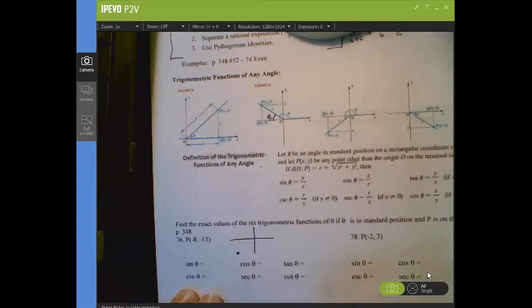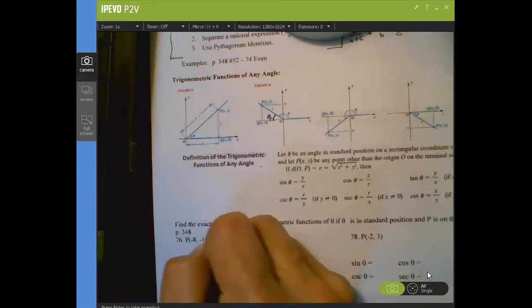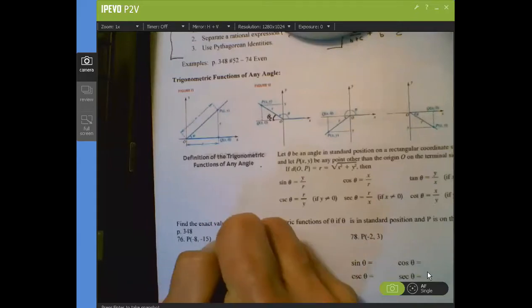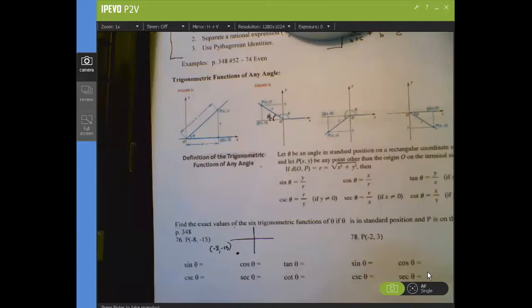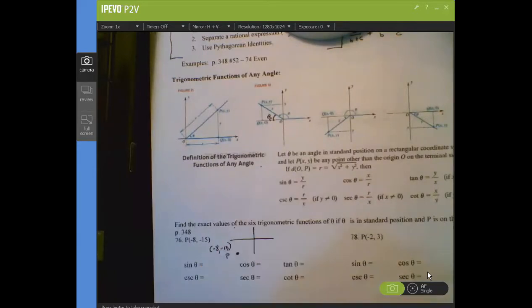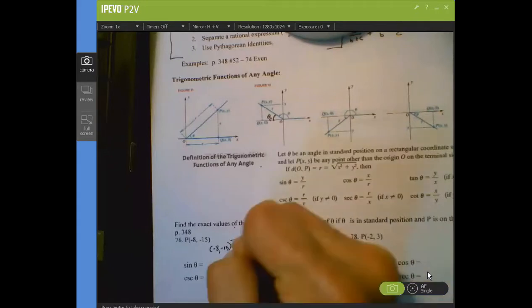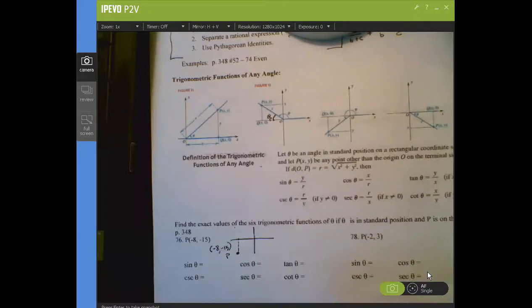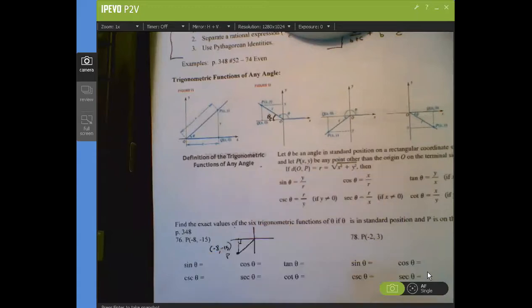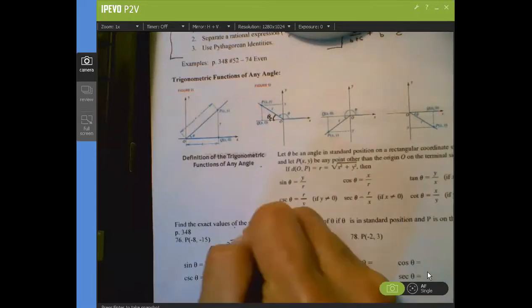I don't know exactly where in the third quadrant. I suspect I'm not doing this to scale, but that's my point P in the third quadrant, and I can raise a vertical line up to the x-axis, and I have created a right triangle with some angle theta.